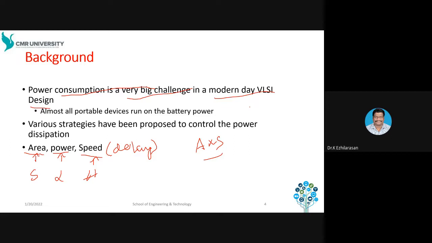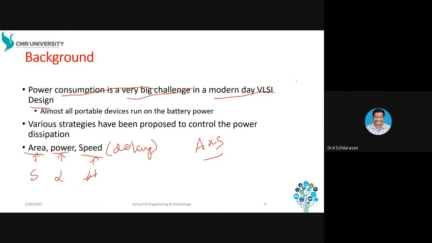Day by day, in the modern era, all your electronic gadgets, devices, and ICs become very, very small, and at the same time they need to be operated on a battery. You might have seen your cellular mobile phone, which is operated with a battery.